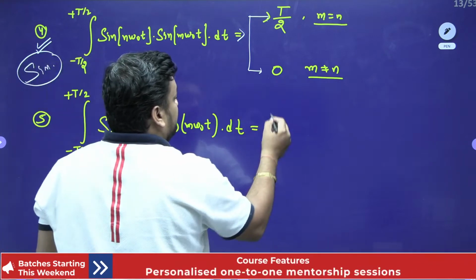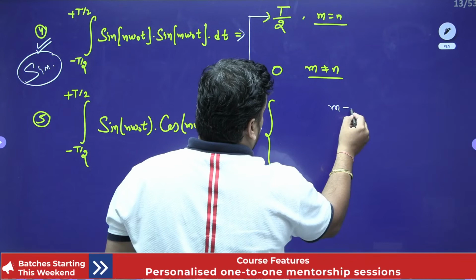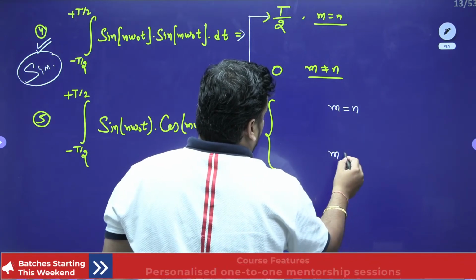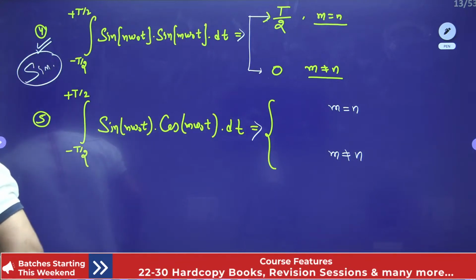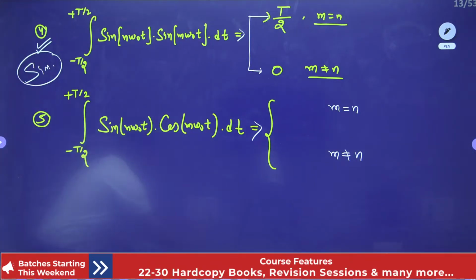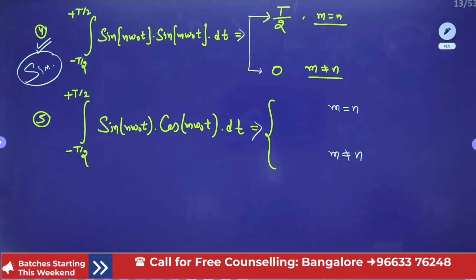Now in this case I am expecting an answer from your side: what will be your answer if m equal to n or m not equal to n? This time I am expecting an answer from you. I am giving you proper time, next 30 seconds. Just think about this and tell me the correct answer, beta.